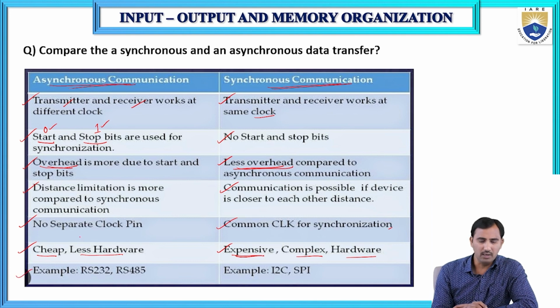Examples of asynchronous communication are RS-232 and RS-485. In synchronous communication, the examples are I2C, inter-integrated circuit, and SPI, serial peripheral interface. So these are the comparison between asynchronous communication and synchronous communication.